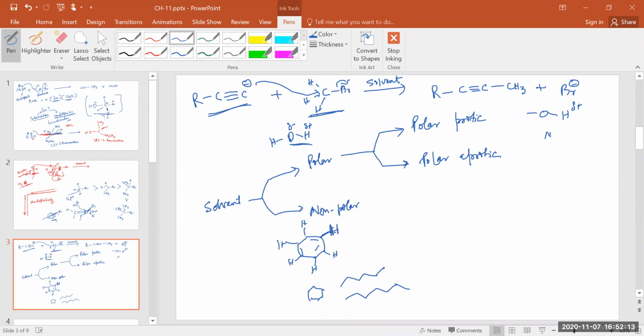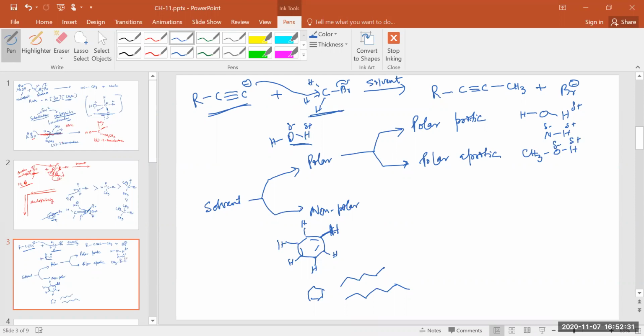It could be NH as well. So here you have a polar molecule that has the proton H because it can break and give a proton, like methanol. It's a polar protic solvent.